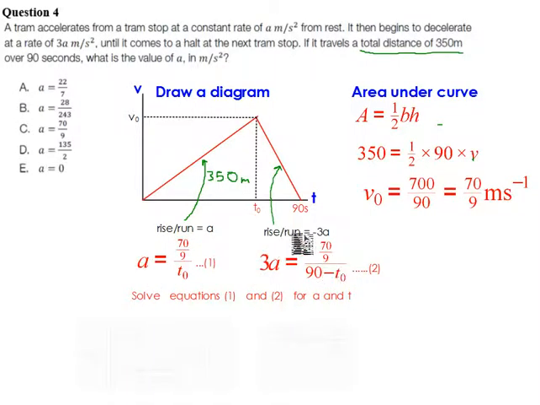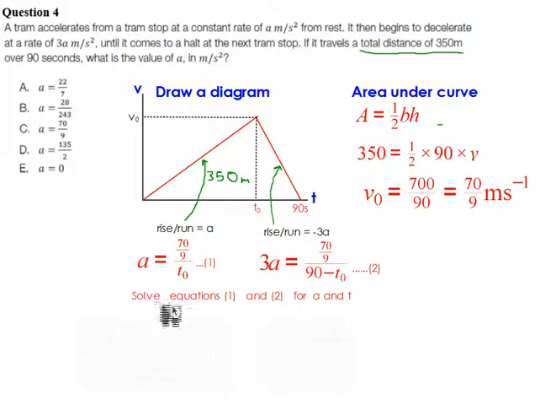And the second one, rise over run, gives you, we've achieved 70/9 over this amount of time here, 90 minus T. And that gives you, in magnitude only, a gradient of 3a. And you'll see why in a second, why we need to have just the size of the gradient only. And it gives us these two.